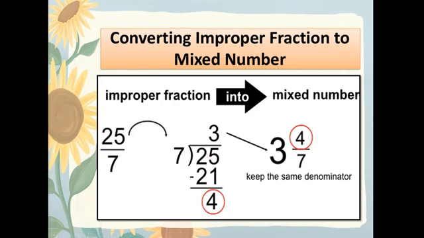To write this to mixed number, the quotient 3 is the whole number. The remainder 4 is the numerator of the proper fraction. And the denominator 7 of the improper fraction is the same denominator for the mixed number. So, improper fraction 25 over 7 is 3 and 4 over 7.